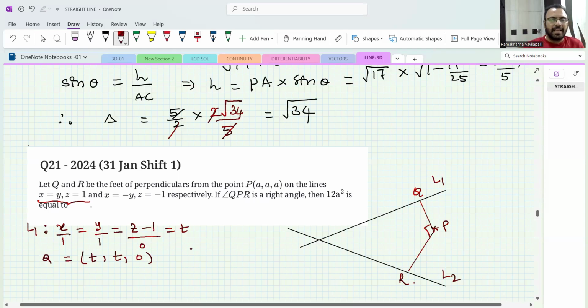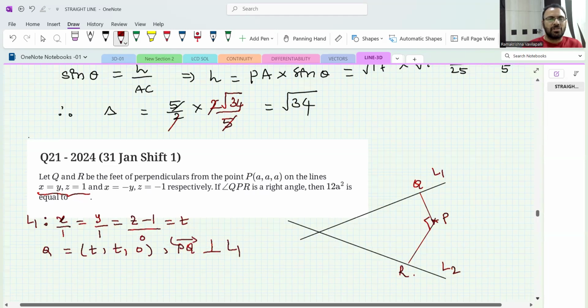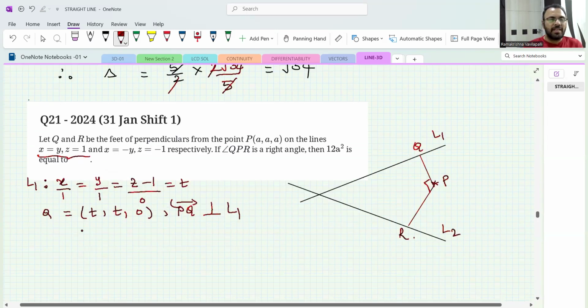Here PQ is perpendicular to L1, so the product of DRs, the dot product of the DR vectors, is equal to 0.